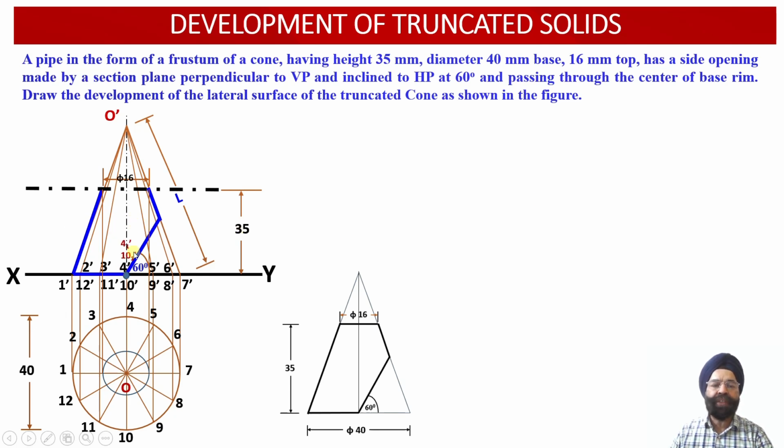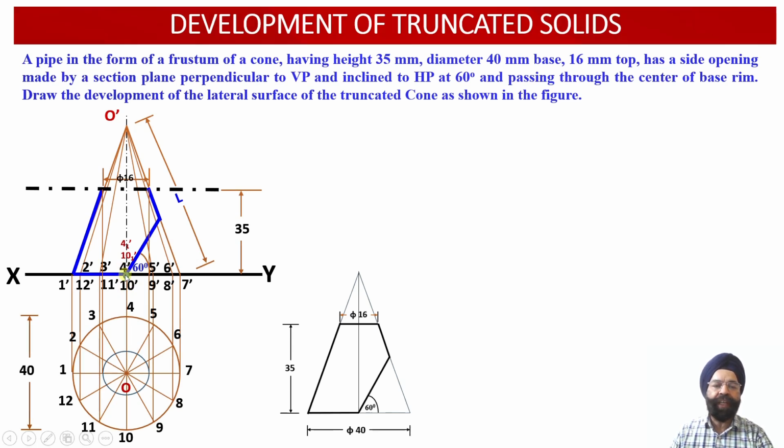Now a total of 7 points of intersection will be available by virtue of intersection of this cutting plane with the base points and the slant generators of this particular cone. So we can check this AIP, or the cutting plane. It is going to intersect with 2 points of the base, that is 4' and 10' over here.